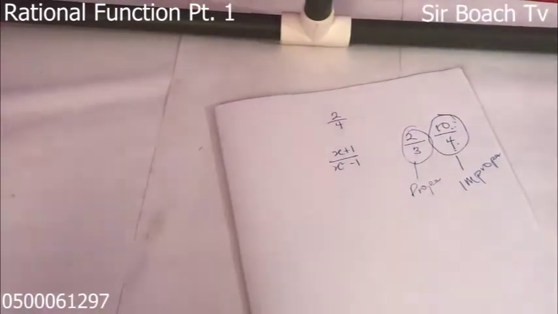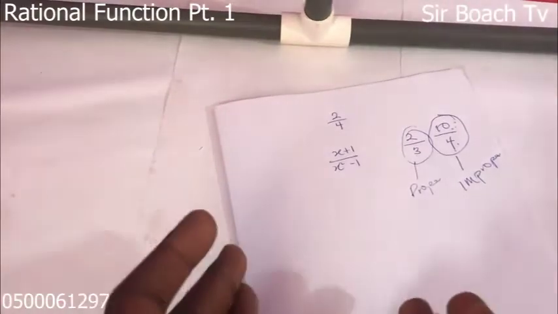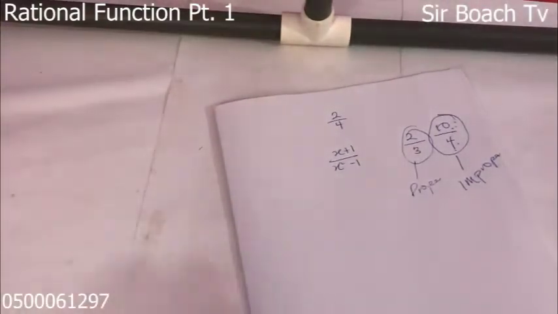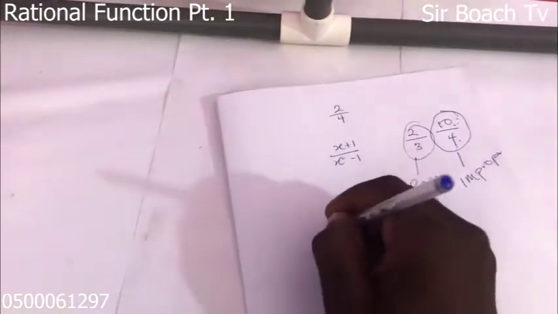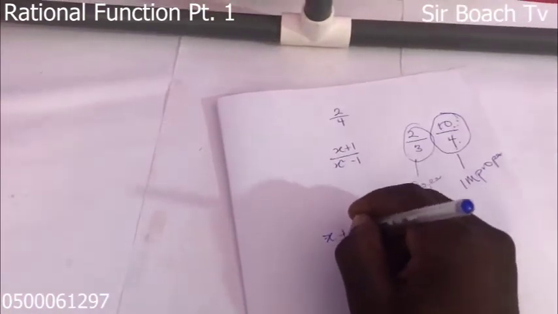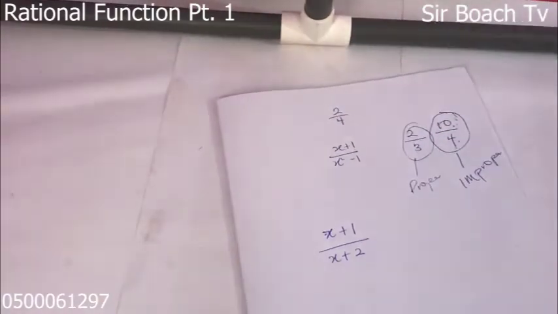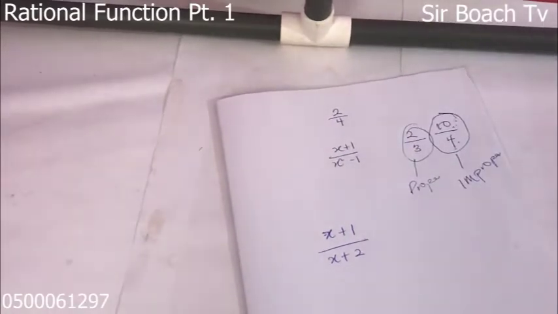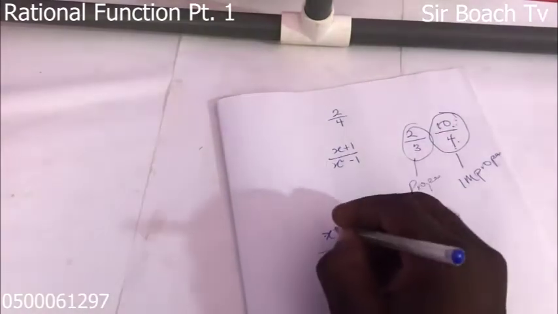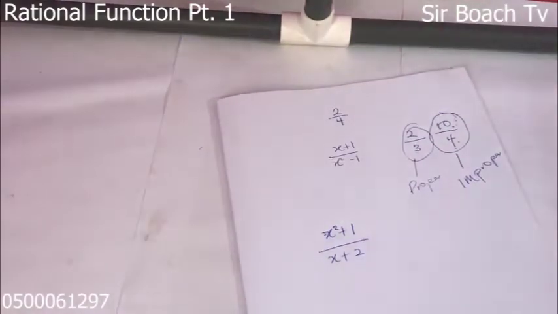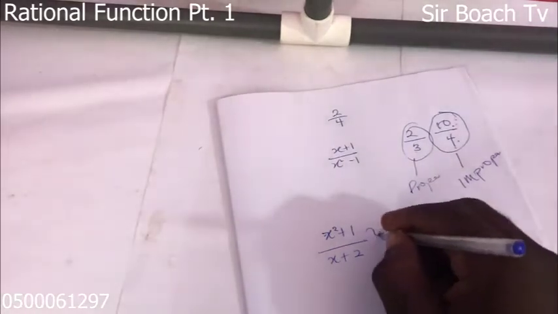In the same way, we have improper and proper functions as far as rational functions are concerned. If we have a function like x plus 1 over x plus, let's say, 2, whether it is a proper or an improper fraction depends on the degree given to it. If I put x squared on top, it means the top one is bigger than the bottom one, so that makes it improper.